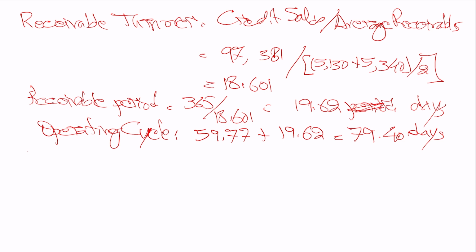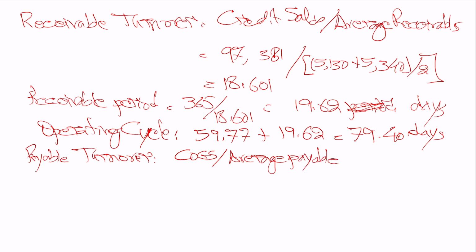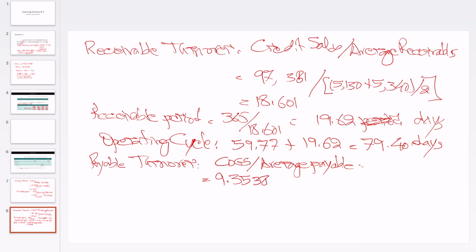Now one more thing we have to calculate, which is payable turnover. Same as before, we take the cost of goods sold, COGS, divided by average payable, and when you calculate it, you get 9.3853 times.